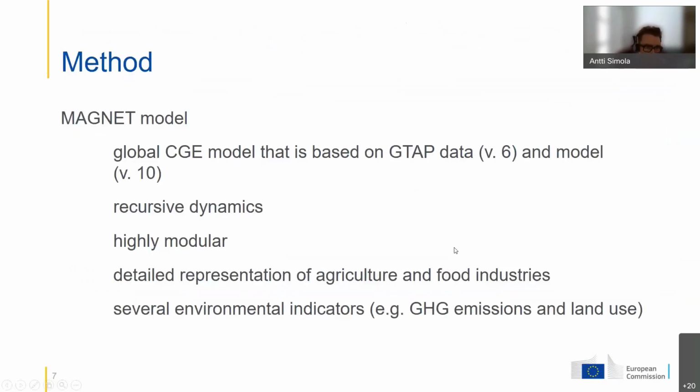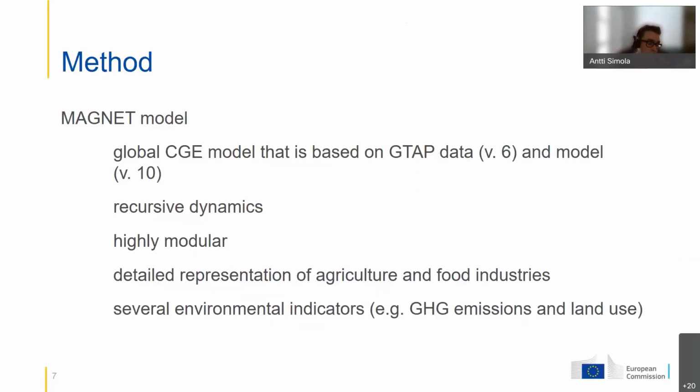So to the method. As I mentioned, we are using a CGE model here, namely the MAGNET model that is developed at Wageningen Economic Research. The version that we used in this study takes version 6 of the GTAP model and version 10 of the GTAP database as its starting point.